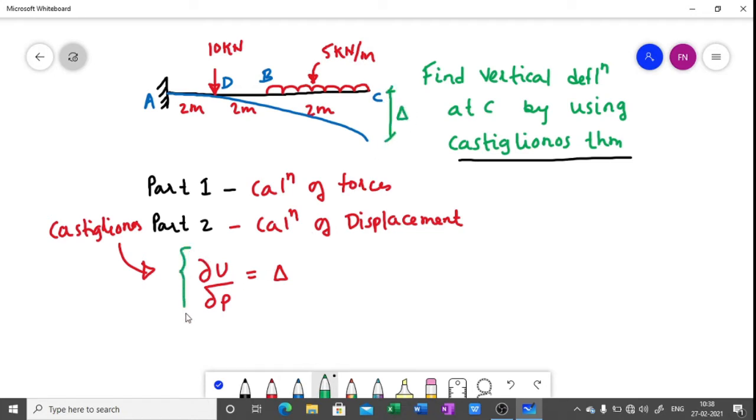When we reflect on the statement, it states that the partial derivative of strain energy with respect to force is equal to deflection in the direction of the force. Here we don't have any force, so we are required to assume some force, here P. This is the force that we are assuming, also called a dummy load.